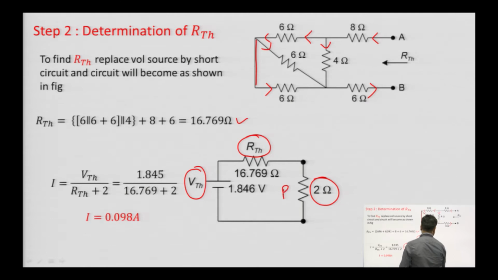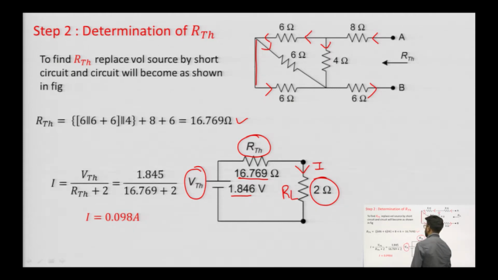Now, we have the Thevenin equivalent circuit: VTH, RTH, and RL. VTH is 1.845 and RTH is 16.769. To find the current in this 2 ohm resistor, I will be equal to VTH divided by RTH plus 2. The 2 ohm is my load resistance.